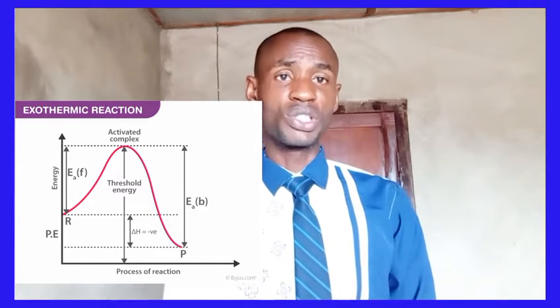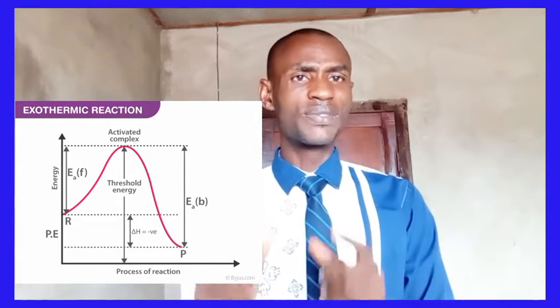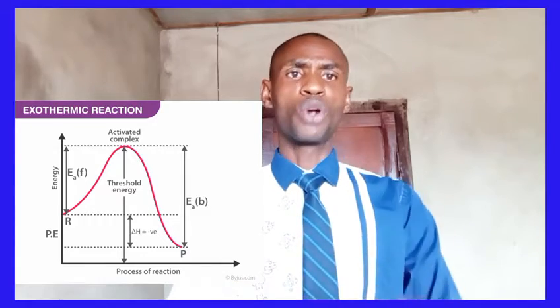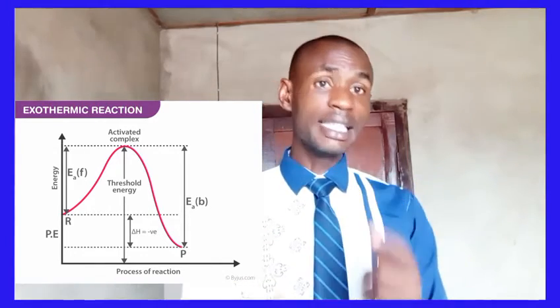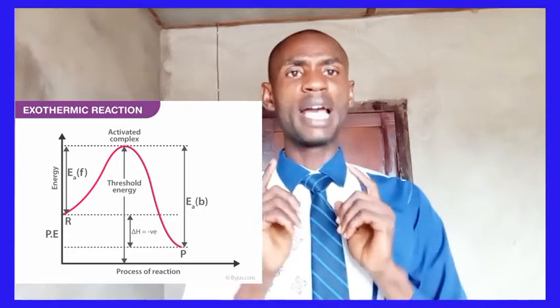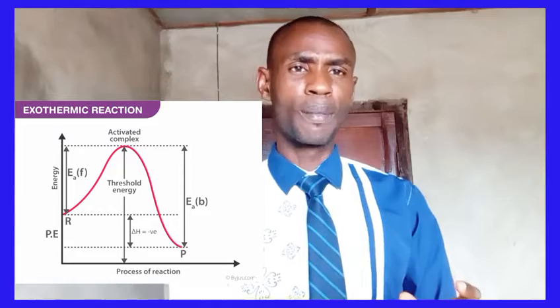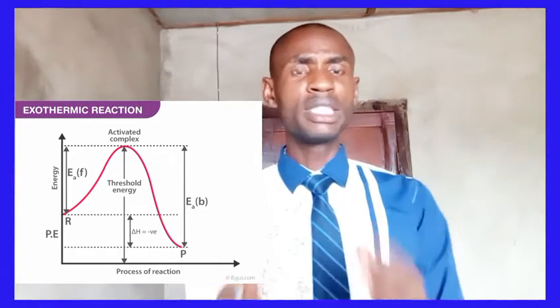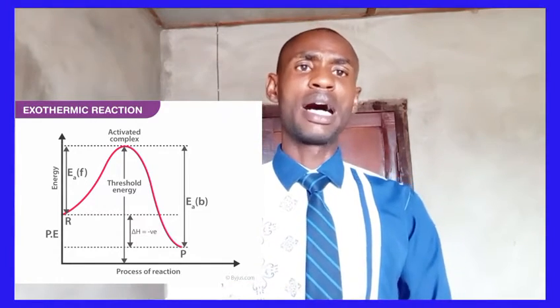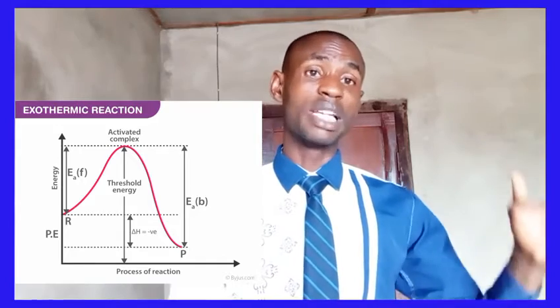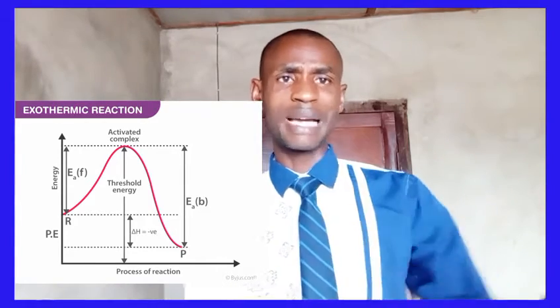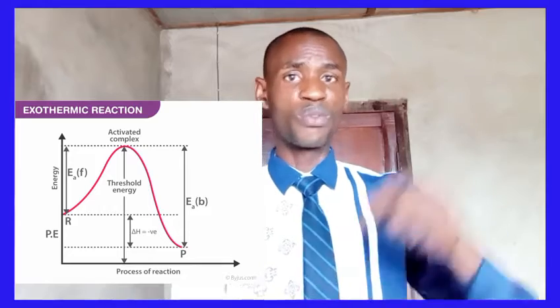And what's the enthalpy change? Enthalpy change is the difference between the heat of the product and the heat of the reactant. For an exothermic reaction, that enthalpy change is negative because during exothermic reactions, heat is liberated to the environment, and the liberated heat is a form of energy.